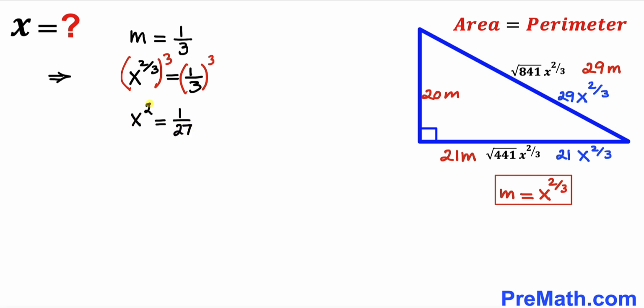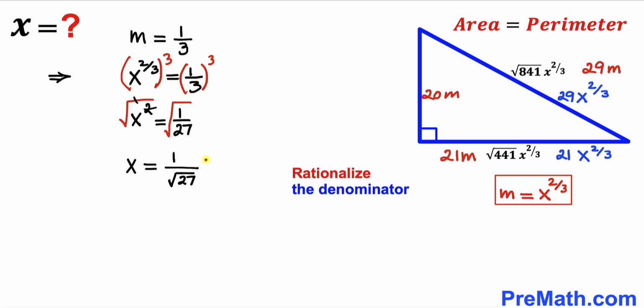Now let's undo this square by taking a square root on both sides, and on the left hand side the square and square root undo each other. So we got x equals 1 divided by square root of 27. Let's rationalize the denominator by multiplying and dividing by square root of 27.